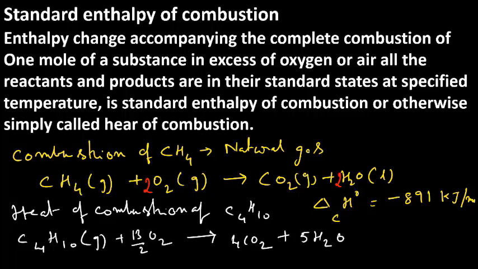So 5 oxygen atoms plus 8 oxygen atoms, totally 13. 13 oxygen atoms are required because O2 molecule is there, therefore we take half of the 13, that is 13 by 2. So delta H naught C, heat of combustion of butane, is minus 2658 kilojoule per mole.